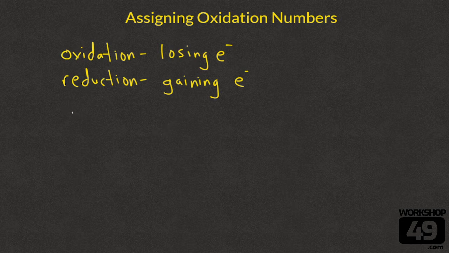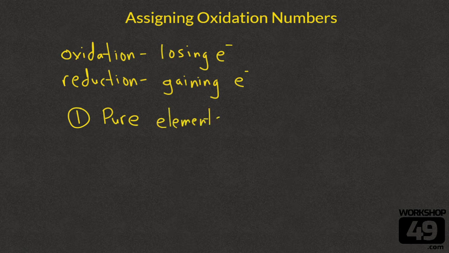Here's the set of rules that we're going to use to assign oxidation numbers, which can then be used to tell whether something's being oxidized or reduced. Number 1. Pure elements have a value of 0.